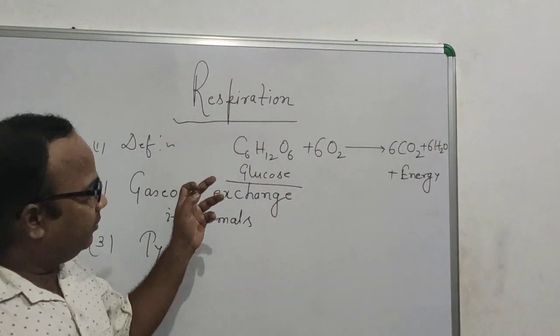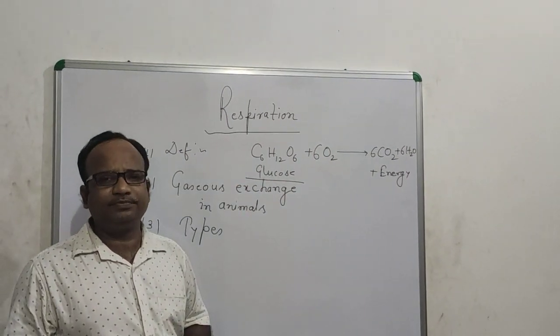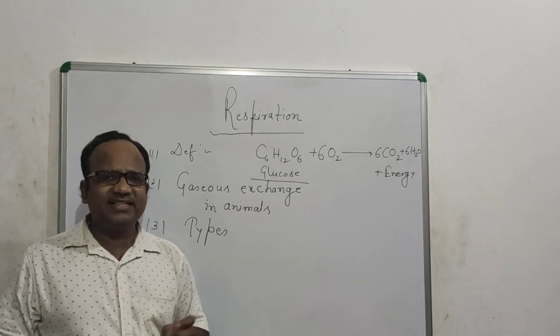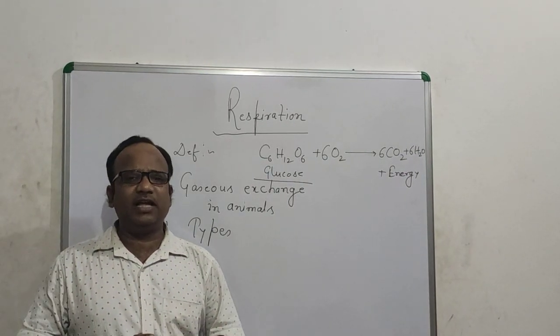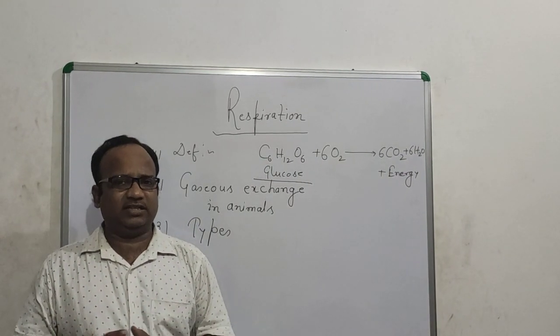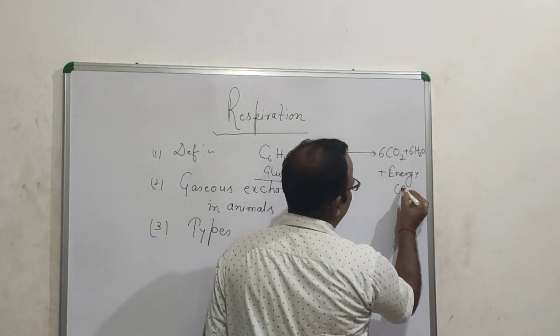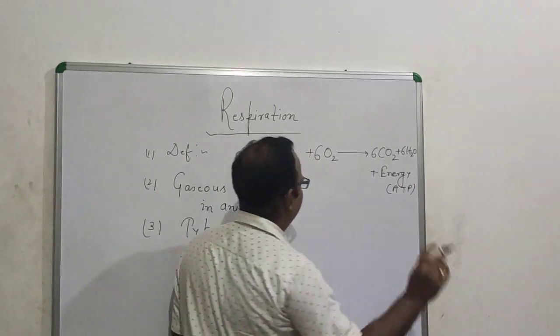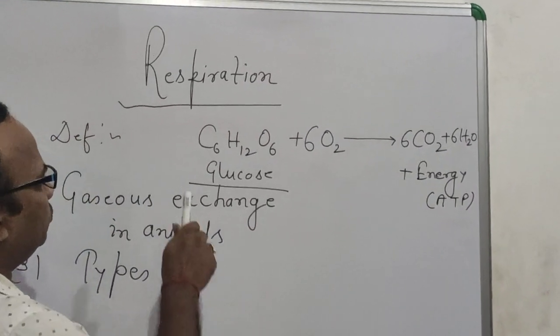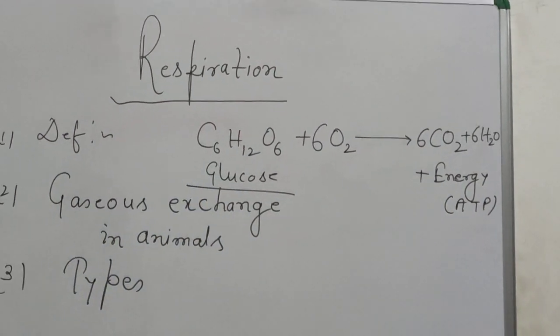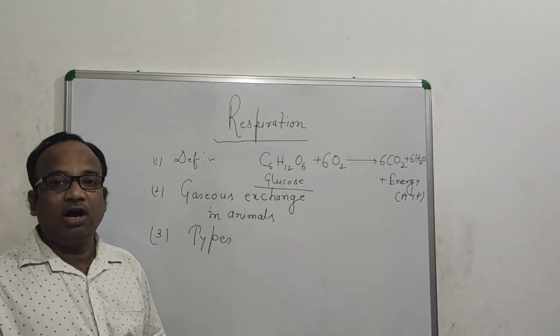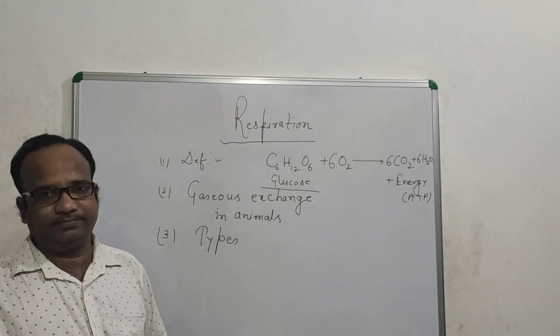By the breakdown of one molecule of glucose, 36 as well as 38 ATP molecules are generated. This energy is in the form of ATP. So students, this is the balanced chemical equation of aerobic respiration.